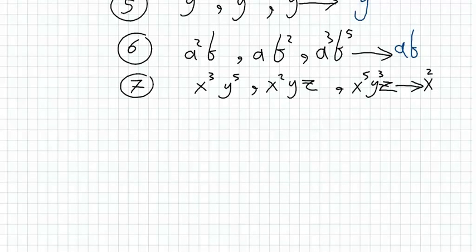So we will choose y to the power 1. We have in the third term z to the power 1, in the second one z to the power 1, but in the first term we don't have z. So we can't take it as a common factor because it is not common between the three terms. So our greatest common factor will be x squared y only.